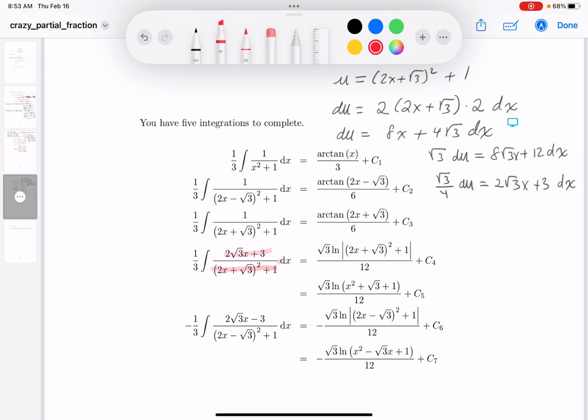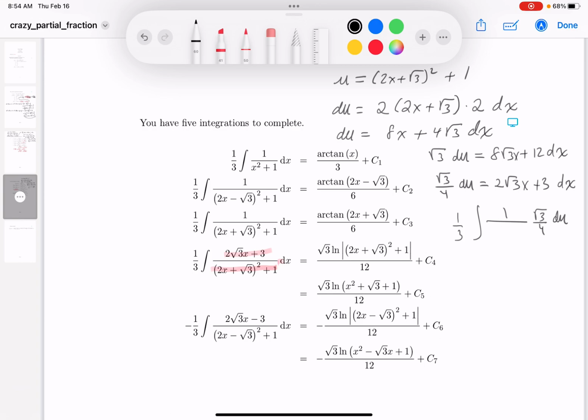All right. So what does my integration look like now? And I'll write it down for you. It's still going to be 1/3. I'm seeing I got a 1 du here. Maybe I shouldn't see a du so quickly. 2 root 3 x plus 3 is not really du. It's, I'm sorry, root 3 over 4 du. Let me write that over here. Root 3 over 4 du.